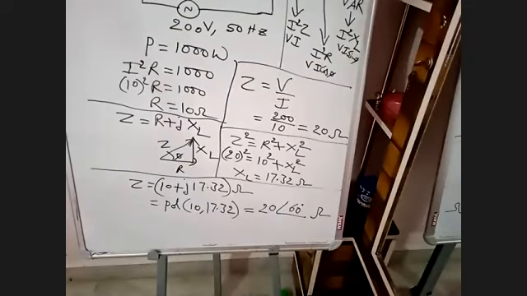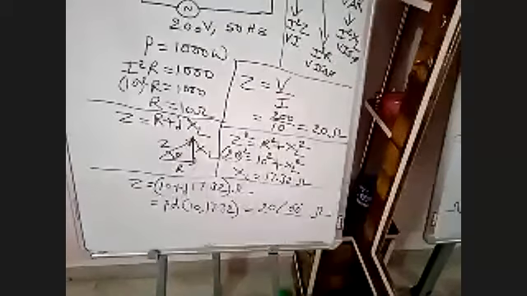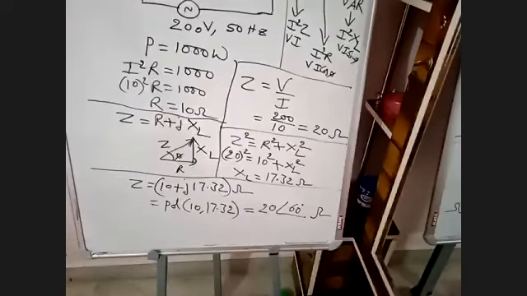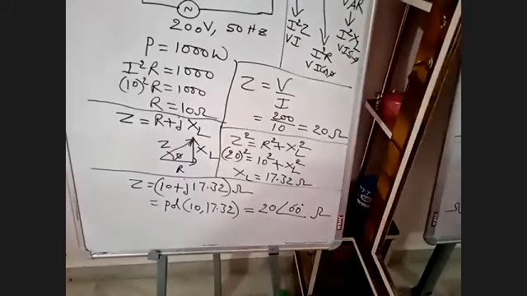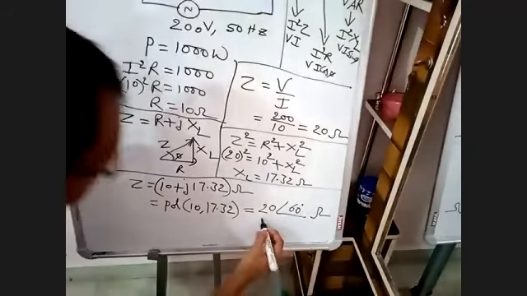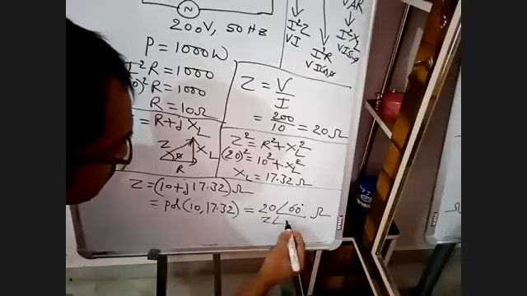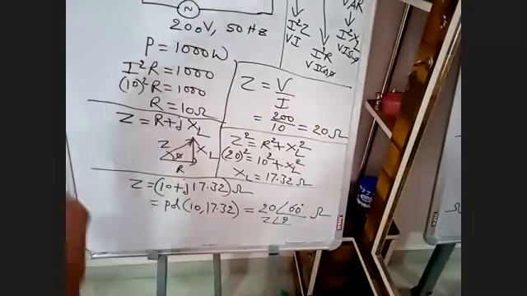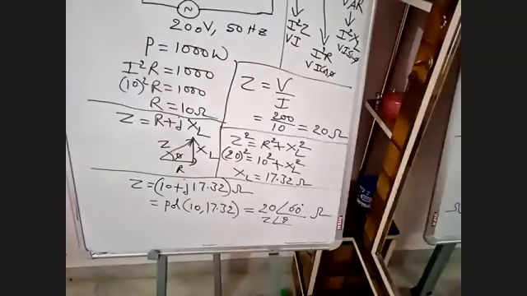In your textbook, they are giving 60. 19.99 means it is 20. Magnitude is 20. Angle is 60. This is Z at an angle theta. This is in polar form. So now we have converted it into polar form, Z at an angle theta.